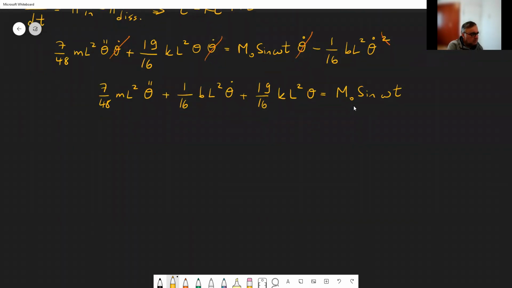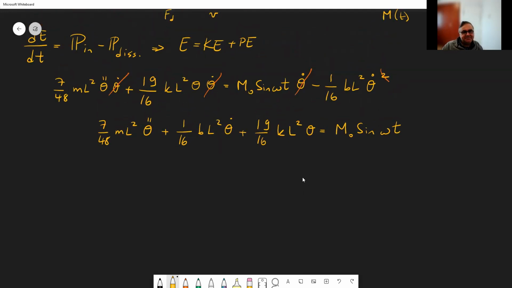So this is our equation of motion. This is our equivalent inertia, if you like, I equivalent. This is our equivalent damping. This is our equivalent spring.